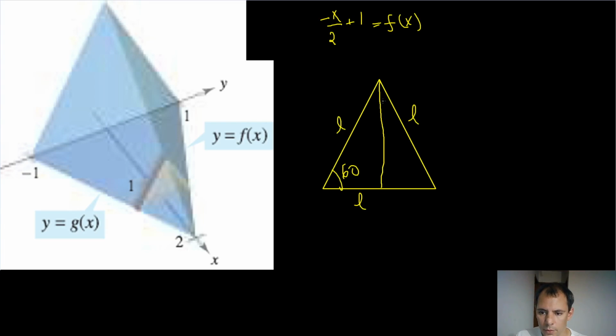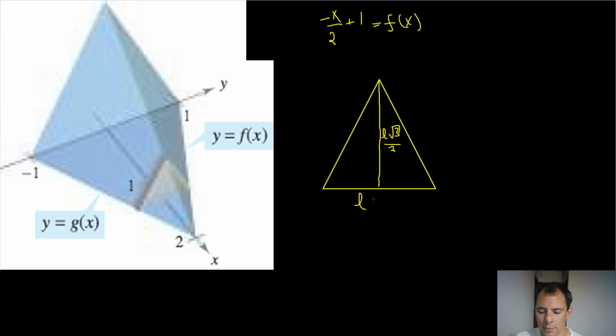So here you have one of the sides, here you have another side, and here you have the hypotenuse of a right triangle. From the Pythagorean theorem, you know that this whole thing here is L, and this height is L square root of 3 divided by 2.